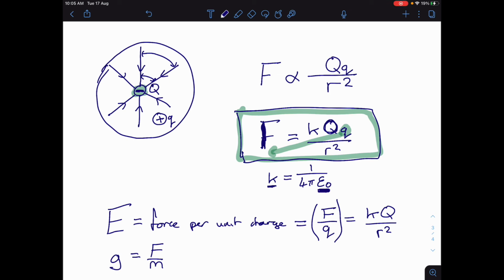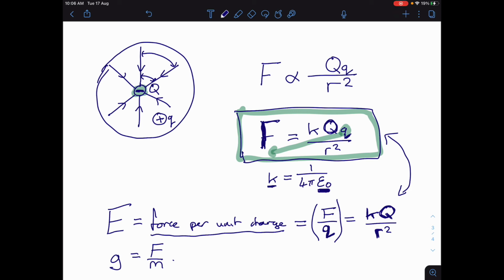It doesn't take into account the charge of that second object, but it does take into account the charge of the main object creating the field, the permittivity in the form of K, and how far away you are from that charge. So those are two equations that are pretty similar, but they have an important difference. The electric field strength is the force per unit charge, and the electric force is the force that's actually experienced by a charge of charge q.